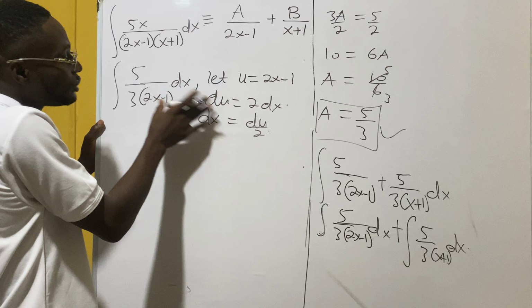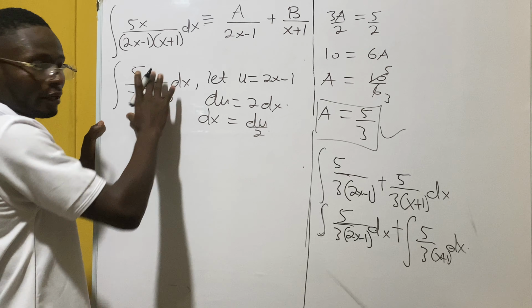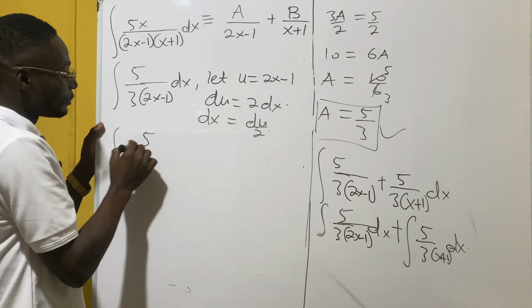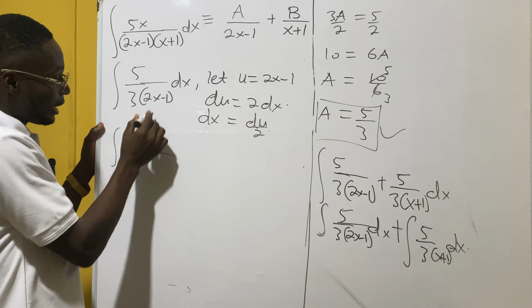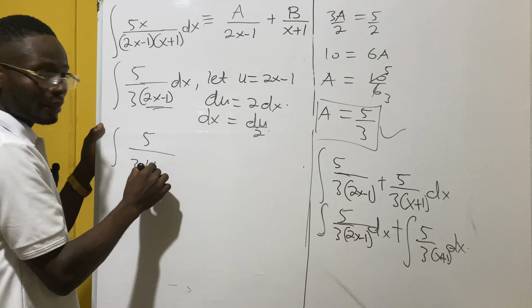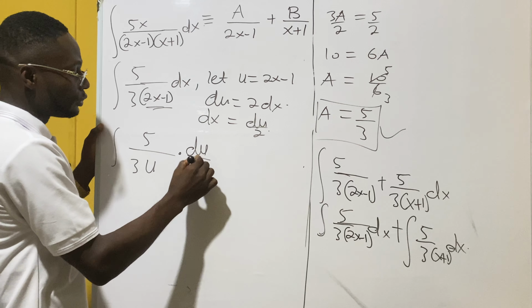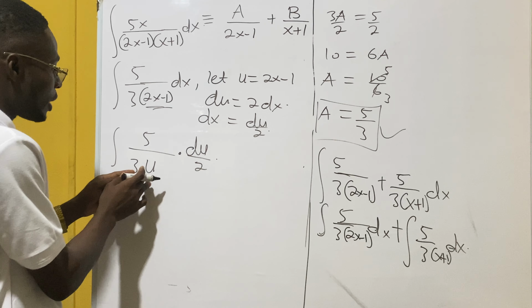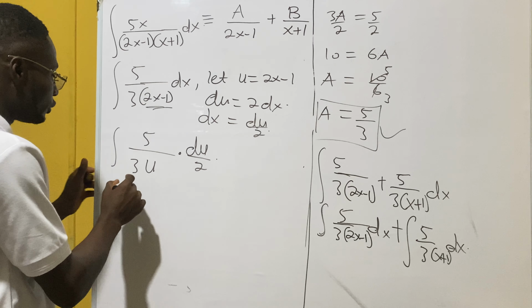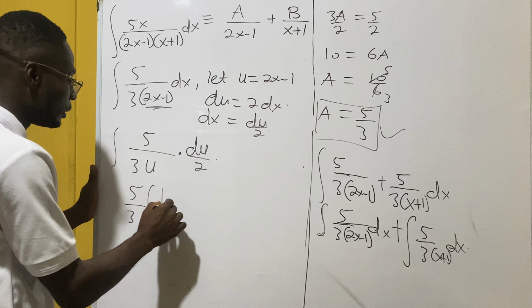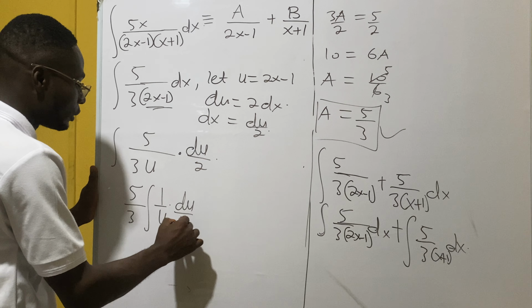Let's do the substitution. We have 5 on 3, integral of 1 on u, times du on 2.